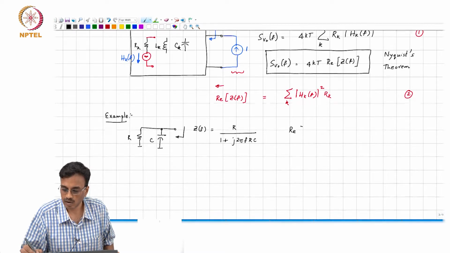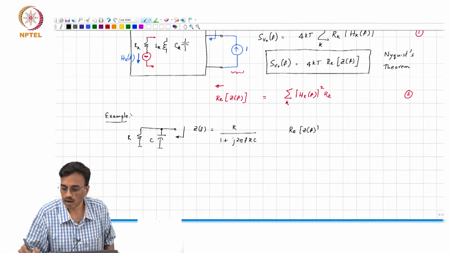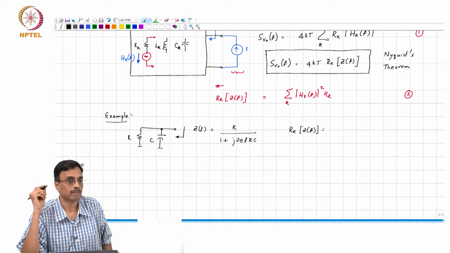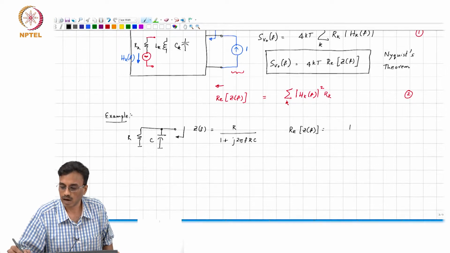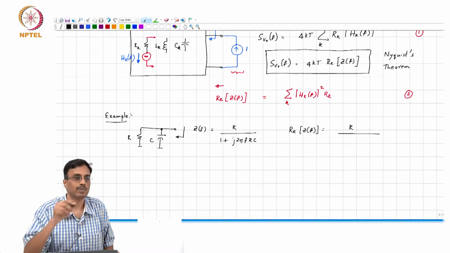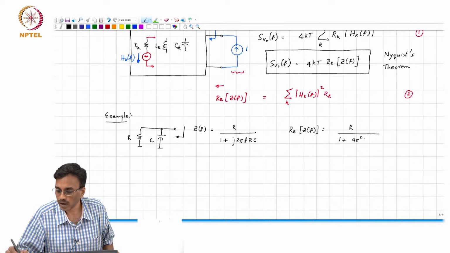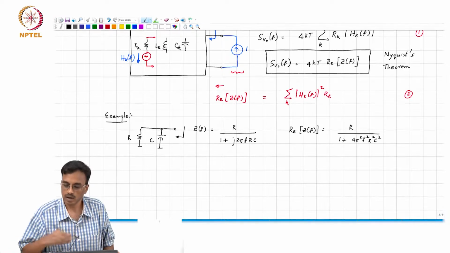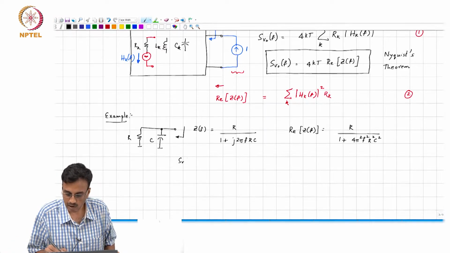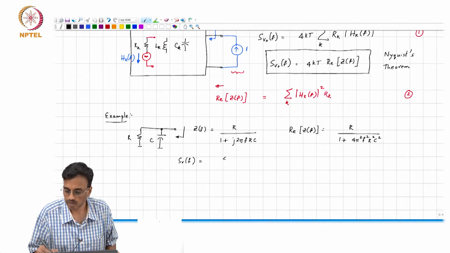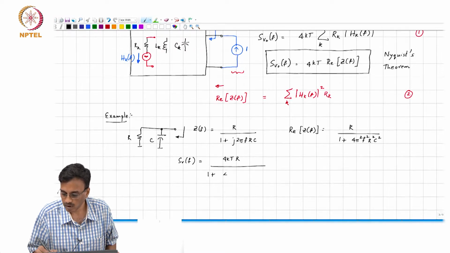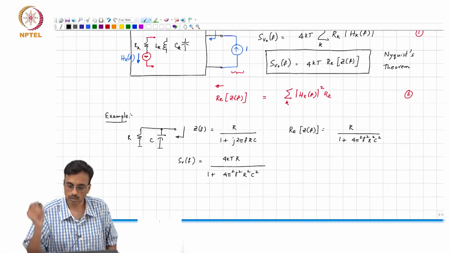The real part of Z of f is R by, yes people, 1 plus 4 pi square f square R square C square. Okay. So, SV of f is simply 4 kTR by 1 plus 4 pi square f square R square C square.